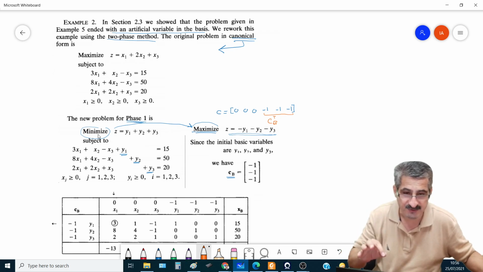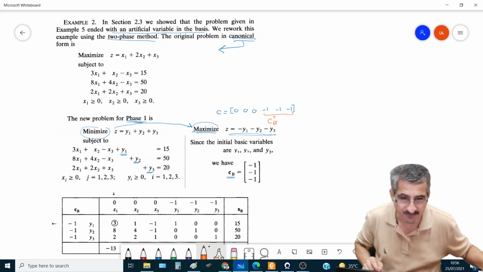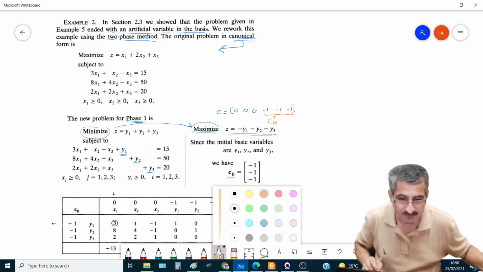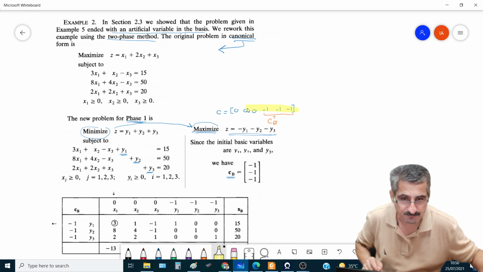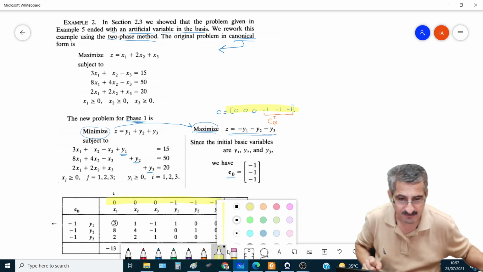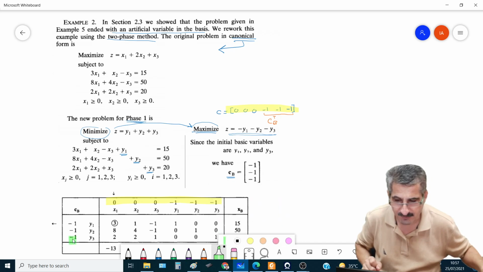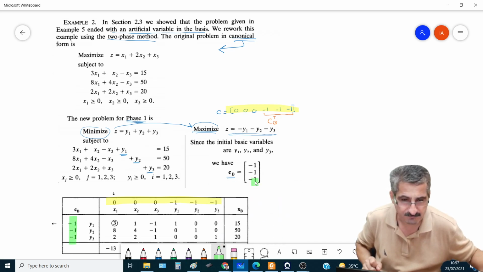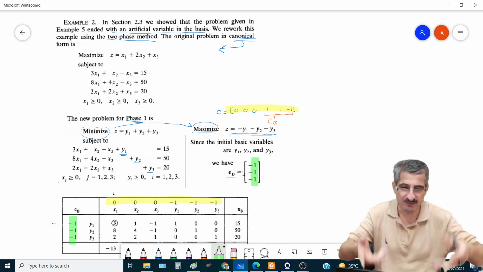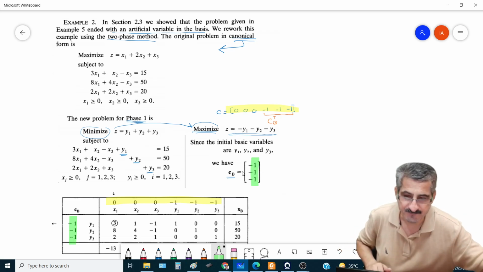We are working in phase 1. Now we use all that information to form the table and give it the new form. Okay, here we go. Have fun now, do the work.